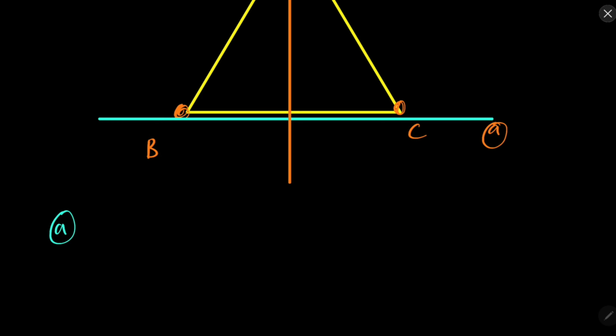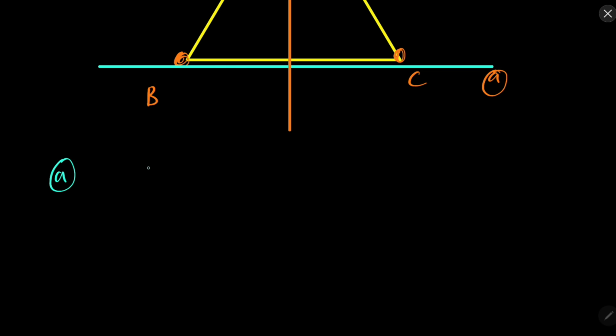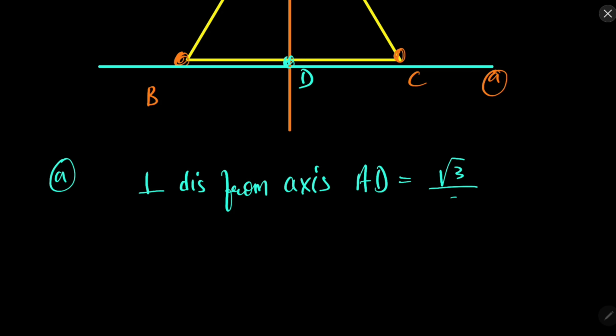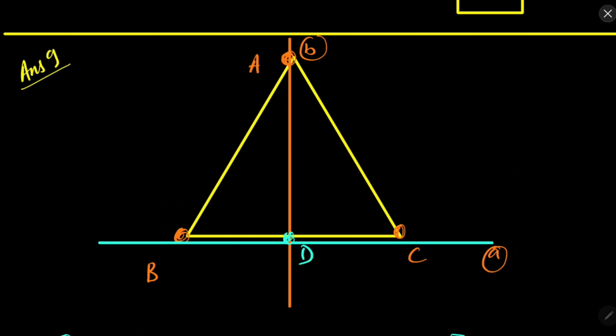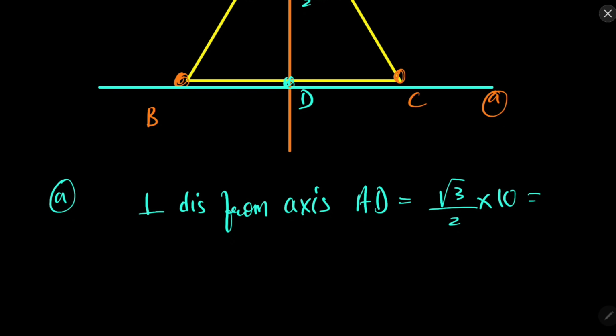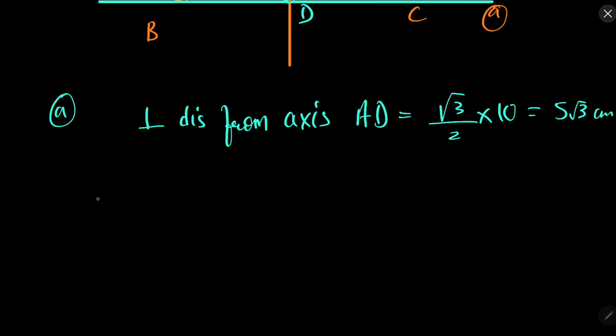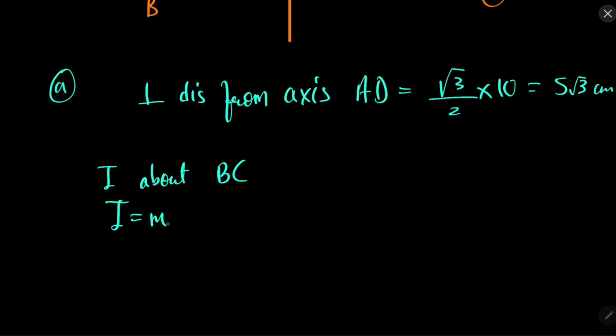So first of all, A part. The perpendicular distance from the axis, let's say this is D, so AD is root 3 by 2 into side, and side is 10. So 5 root 3 centimeter. So moment of inertia about BC will be I equal to m r square.